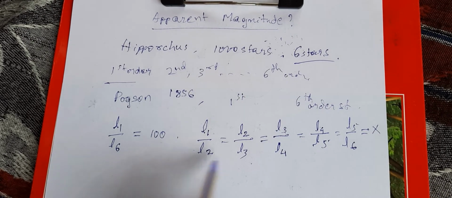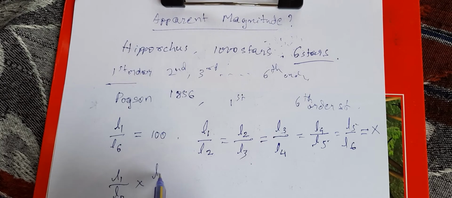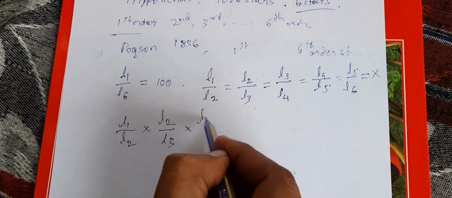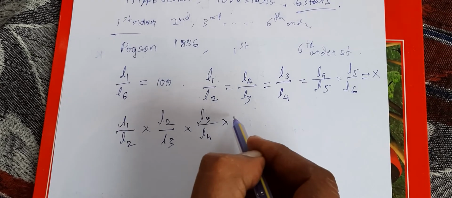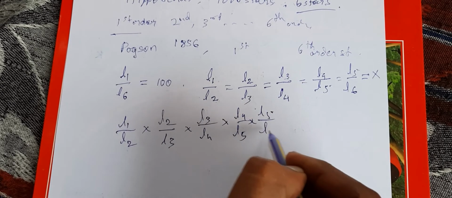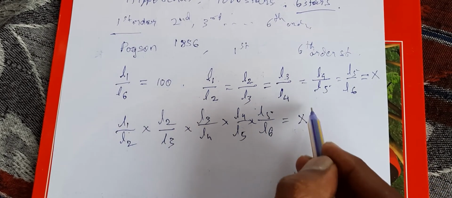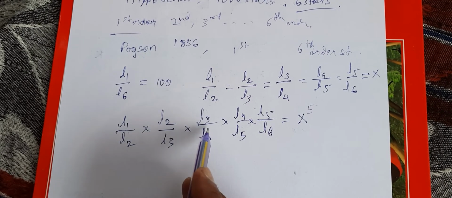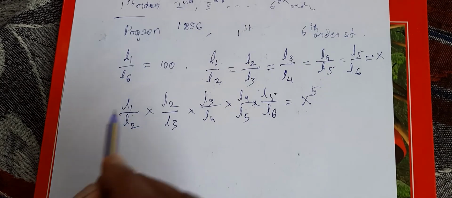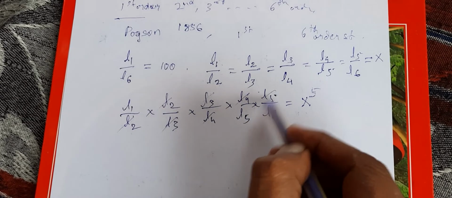Now if you multiply all this, what will you get? L1 by L2 into L2 by L3 into L3 by L4 into L4 by L5 into L5 by L6 is equal to x into x into x into x into x, which is x to the power 5. Now L2, L3, L4, L5 cancel.